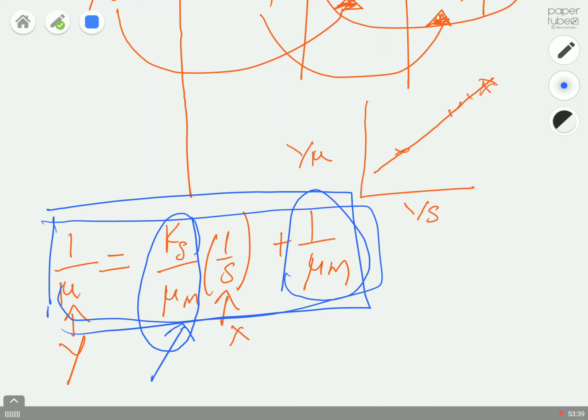That expression is called the Michaelis-Menten expression, but it has a completely different meaning. The constant Ks in enzyme kinetics has a different unit, and also the mu max value, the maximum specific growth rate which we saw in microbial kinetics, has a completely different unit when you deal with enzyme kinetics.